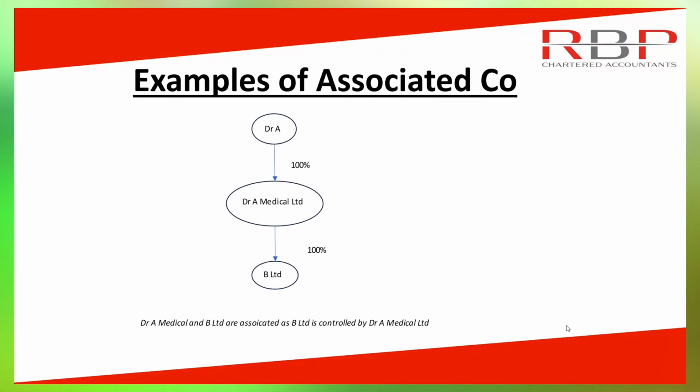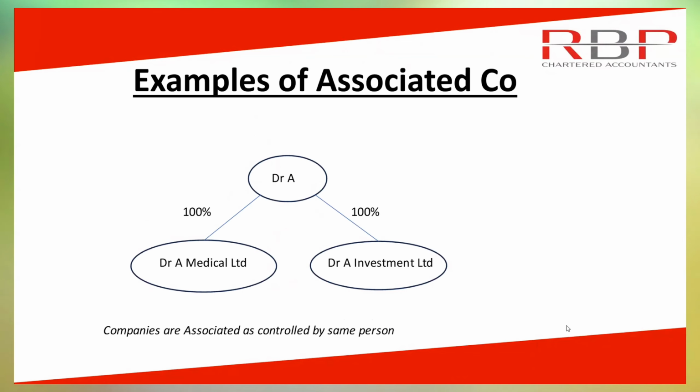I've got Dr. A, and he owns 100% share capital in Dr. A Medical Limited, and then Dr. A Medical Limited has shares in B Limited. Those two limited companies are associated because Dr. A controls A Medical, and then A Medical controls B Limited. So in that scenario, two limited companies are associated.